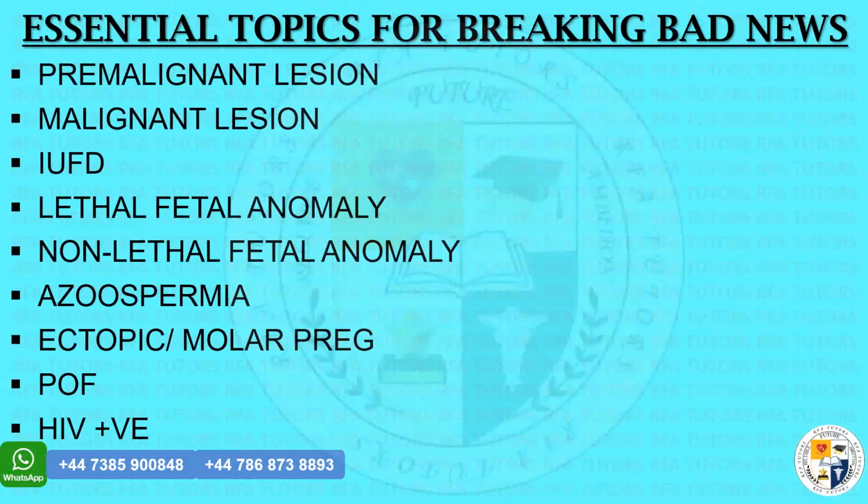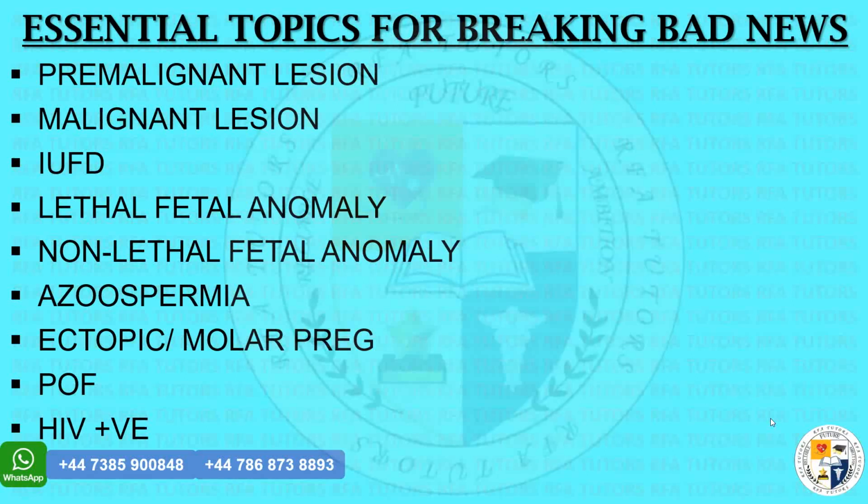Basically, for breaking bad news, we'll do the basic ones, which are very, very important, like a cancer, malignant lesion, pre-malignant lesions, intrauterine fetal death, a very difficult, very challenging station coming up in the exam. Lethal fetal anomalies, specifically anencephaly, coming in the exam very frequently. Non-lethal fetal anomalies as breaking bad news.